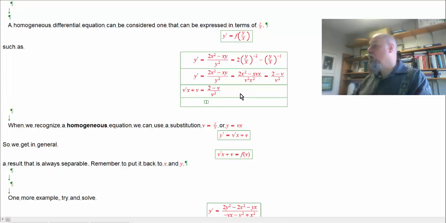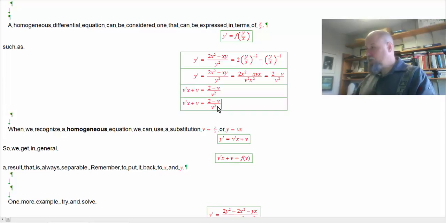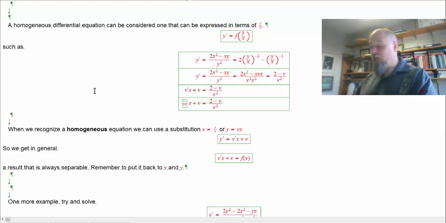Let's see. Well, if I'm going to use the technique of separable, then I guess instead of this v prime, I need the two pieces. So I'm going to write v prime as dv/dx, so I can have the dv side and a dx side. I can move this plus v over to the other side as a minus v.